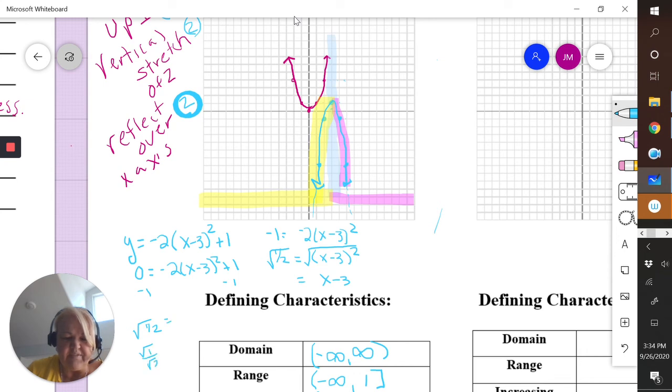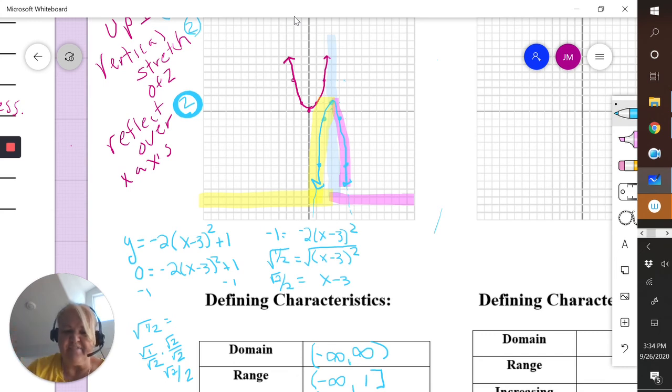You guys did this in geometry. And then you multiply top and bottom by square root of 2. You multiply the numerators, it's square root of 2. You multiply the denominators, it's 2. So that is rationalized. Square root of 2 over 2 is the rationalization of the square root of 1/2.